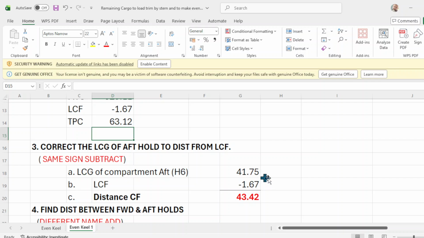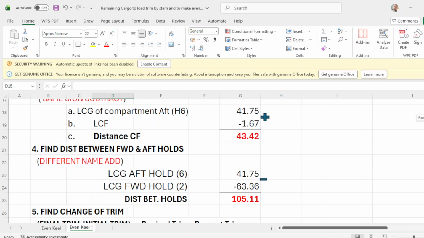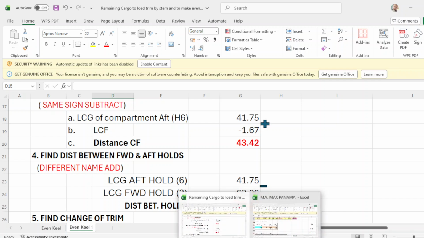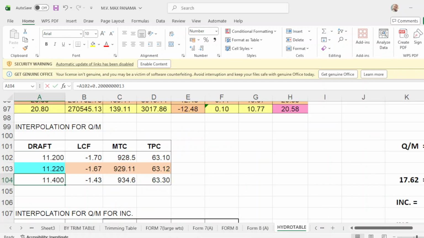So they have this different sign, so you add. That would be 42. Okay. Then notice the distance between 2 holds. Distance between forward and up holds. So number 6 is LCG is 4175, and hold number 2 is 6336.